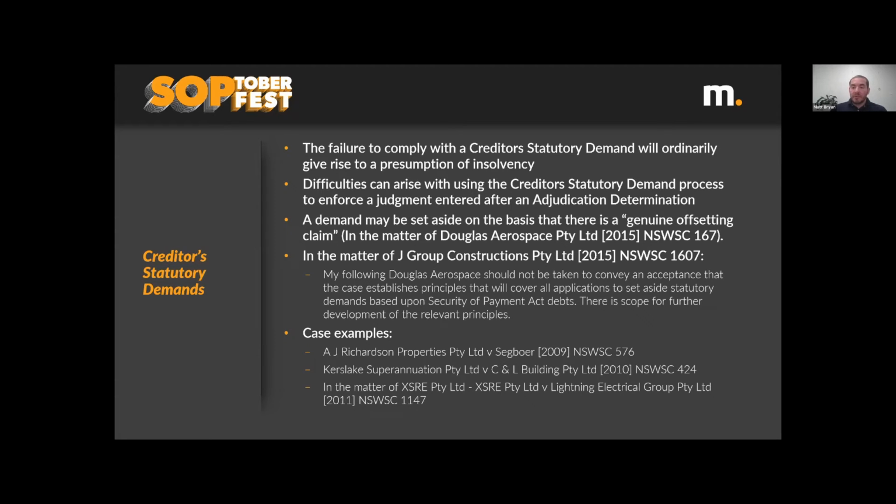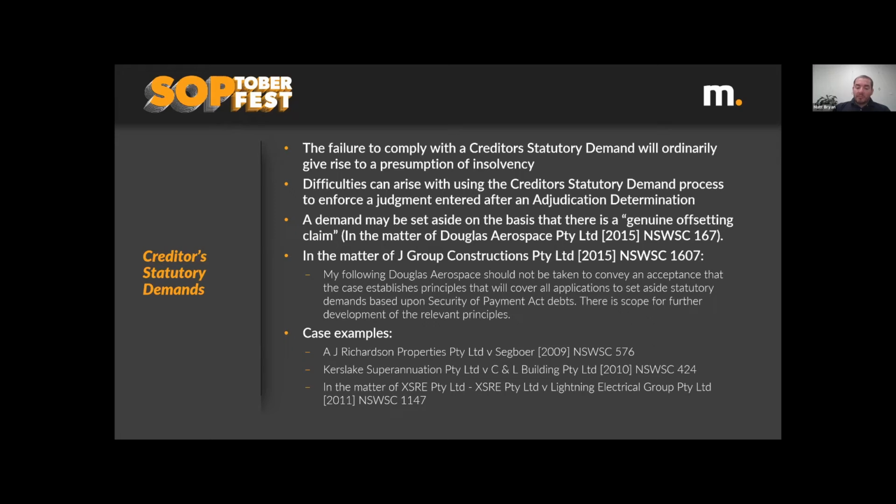The debt related to electrical works that had been carried out in shop premises that were owned by XSRE, Pty Limited. XSRE put on an application trying to set aside the stat demand, and it raised a number of arguments. It said that the works had taken too long, that they had ultimately been charged twice what they thought they were going to be charged, and that they'd also suffered trading losses as a consequence of the delays.